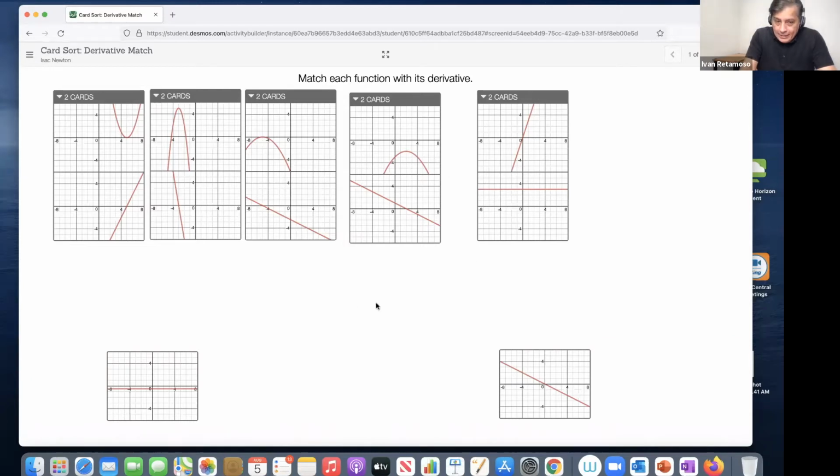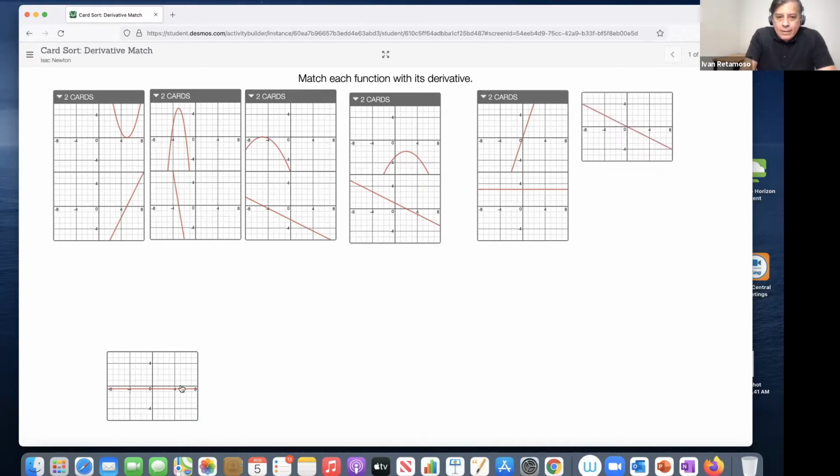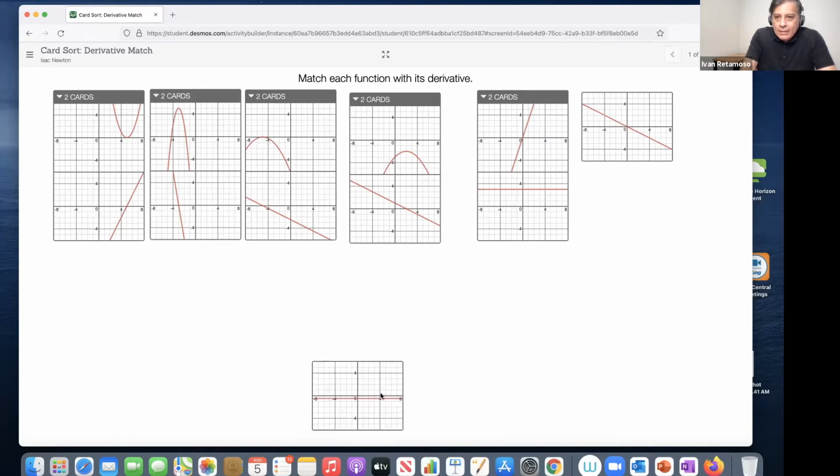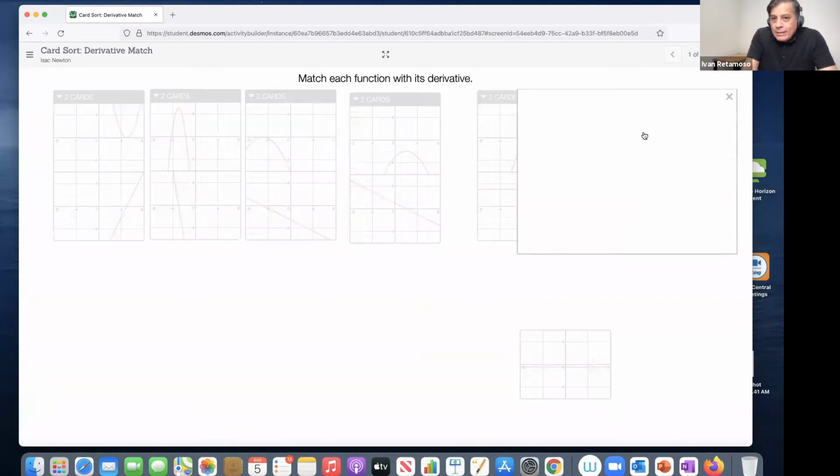Excellent. And the last one, by the laws of logic, they have to be these 2, right? But let's verify that it makes sense. This is now a line that is decreasing. If you walk along the line from left to right, it's decreasing. Its slope, therefore, should be negative. What is the negative slope?